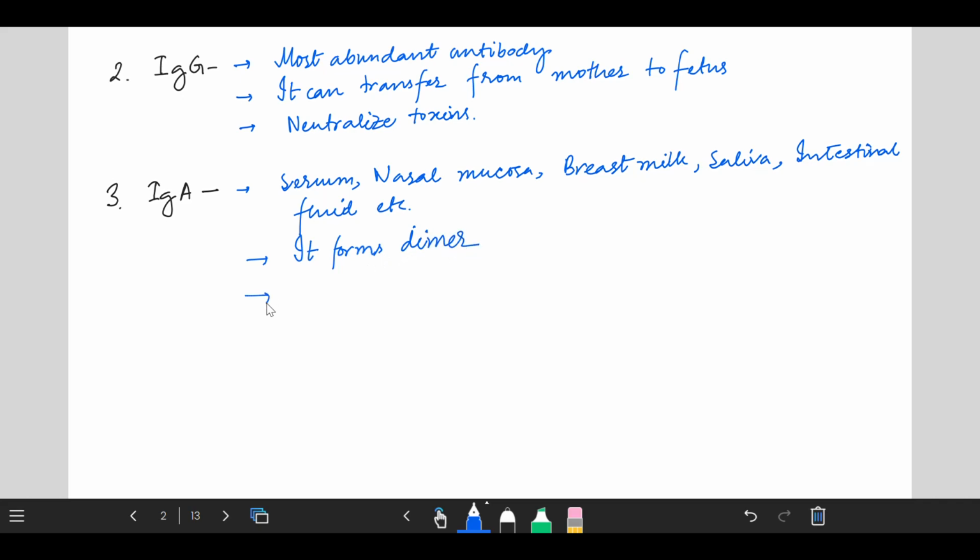And it passes through breast milk to protect the neonates from GIT infections. So it can pass through breast milk.